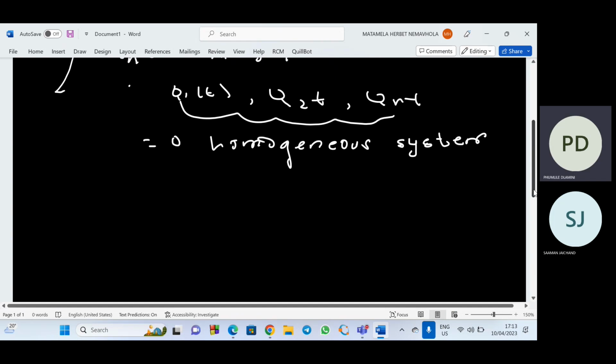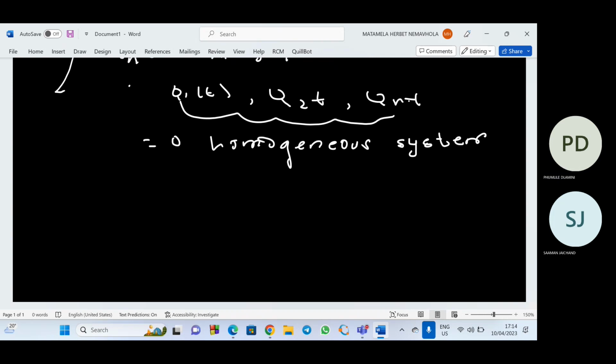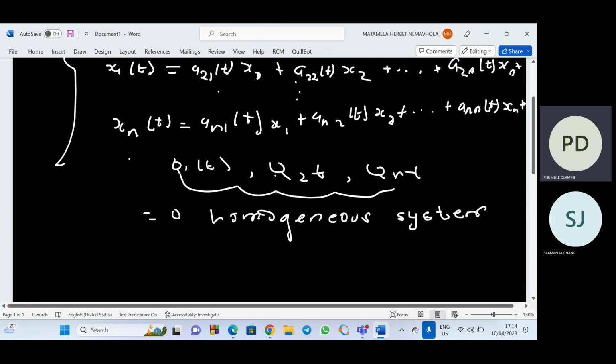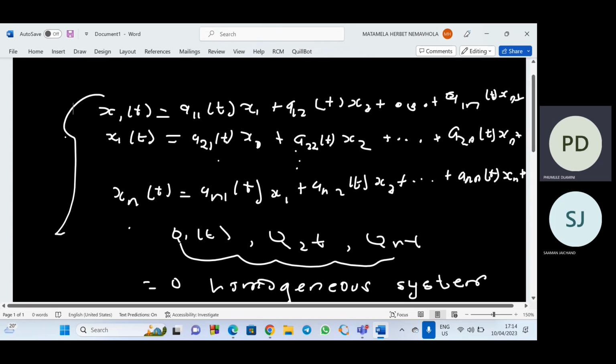So when it's a homogeneous system, with i starting at 1 until n, when the equation is homogeneous, because all these q's are equal to 0, it is going to be exactly the way I've written here without q of t. So the one that I just wrote is a homogeneous equation.